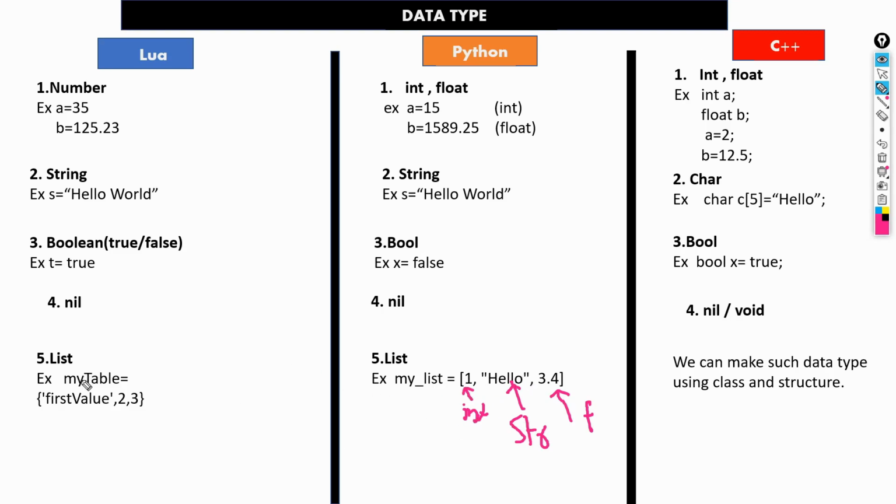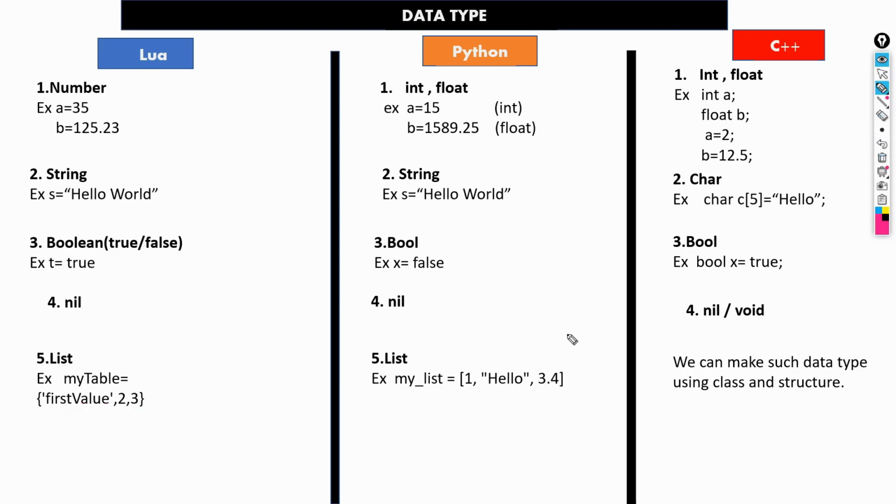Those can all be used in a single format, and this is called a list. As we know in Python, it's the same thing in Lua. You can combine different data types, string, integer, all in one way.